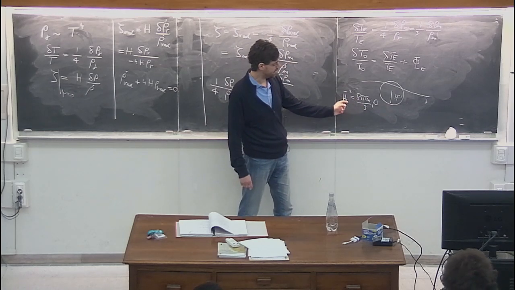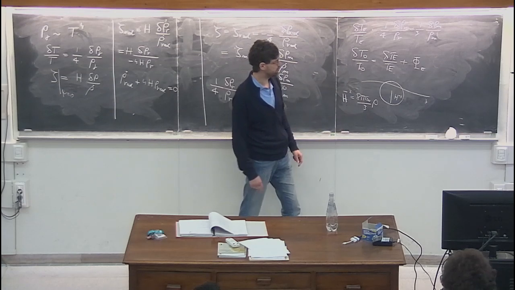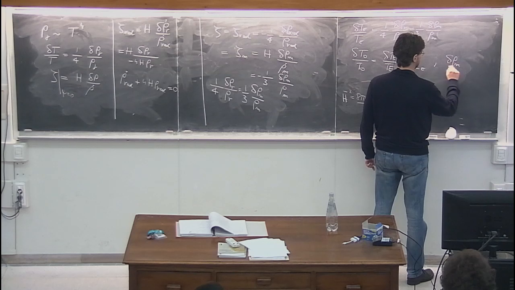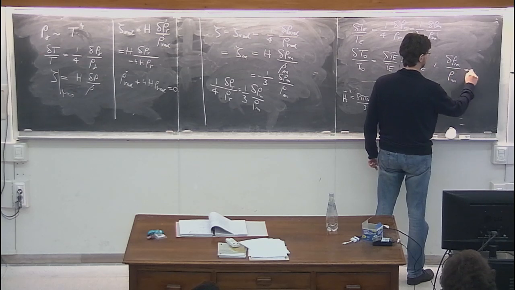And if you perturb again back to the original coordinates, what you find is that delta rho matter divided by rho matter is equal to minus 2 phi.